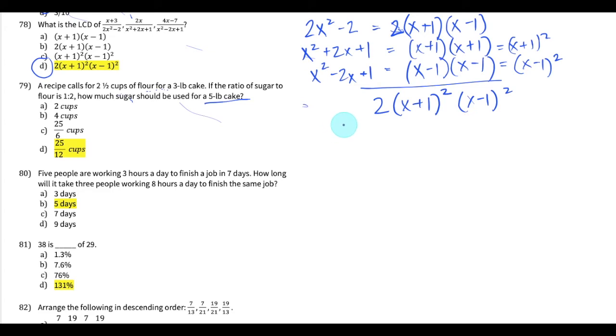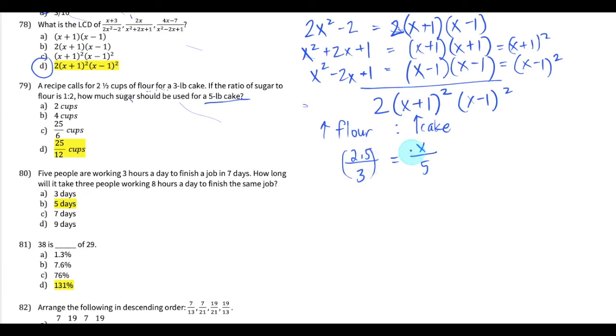Okay, or ratio ng tatlong objects. So, we have flour is to cake, right? Pag mas maraming flour, edi mas mabigat din yung cake. So, unahin muna natin yon. It says here, 2.5 cups of flour over 3 pounds. Okay? That should be equal to X, hindi natin alam kung ilang flour, kapag 5 pounds yung cake.